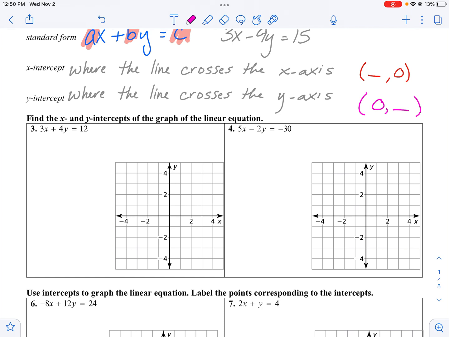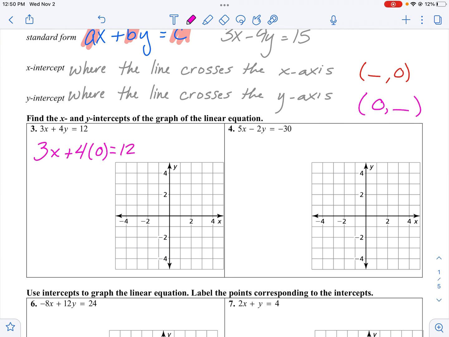So if I want to solve for the x-intercept, I'm going to set the y value equal to 0. So I would say 3x plus 4, but instead of y, I'm going to put a 0 equals 12.